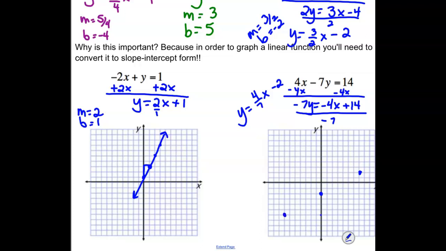Okay, so a -4 and a -7 is the same as a positive 4 and a positive 7. Gets me the same line. Okay? So now I can draw in my line, arrows on the ends. So having an equation in slope-intercept form really makes graphing quite easy.